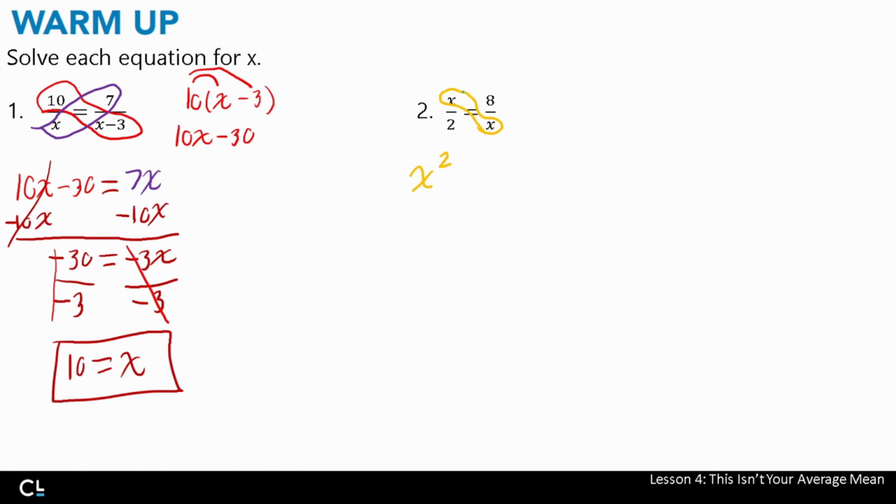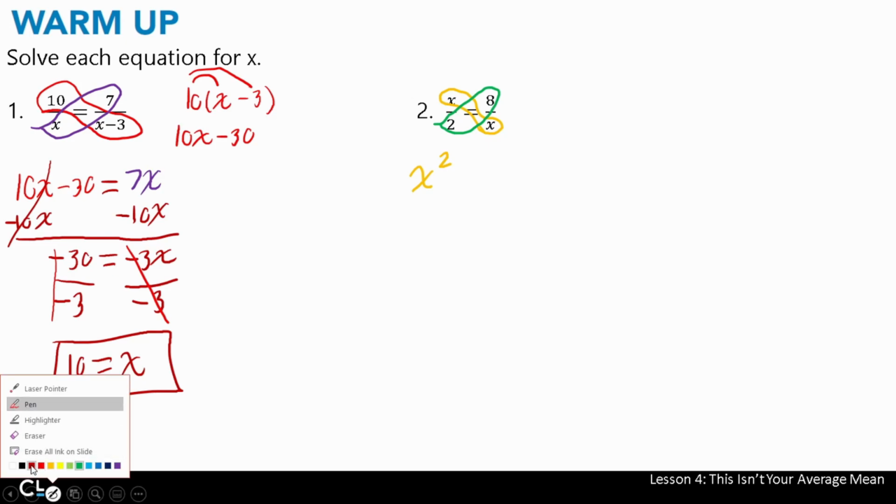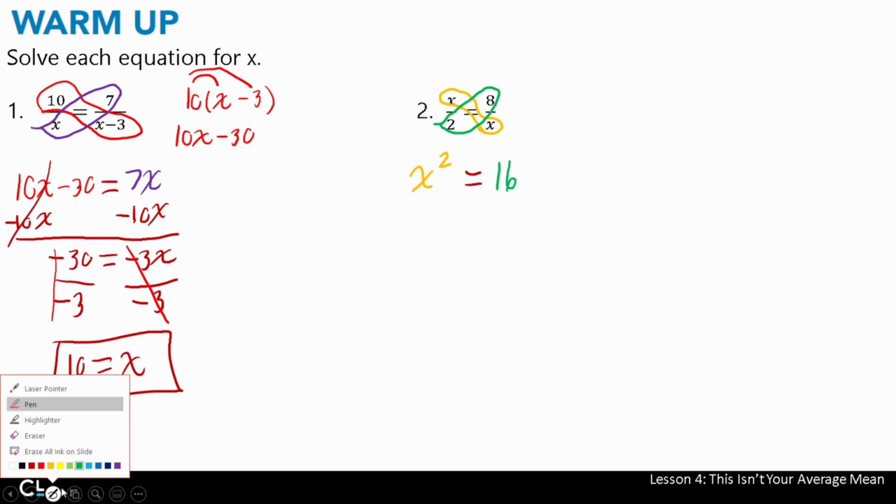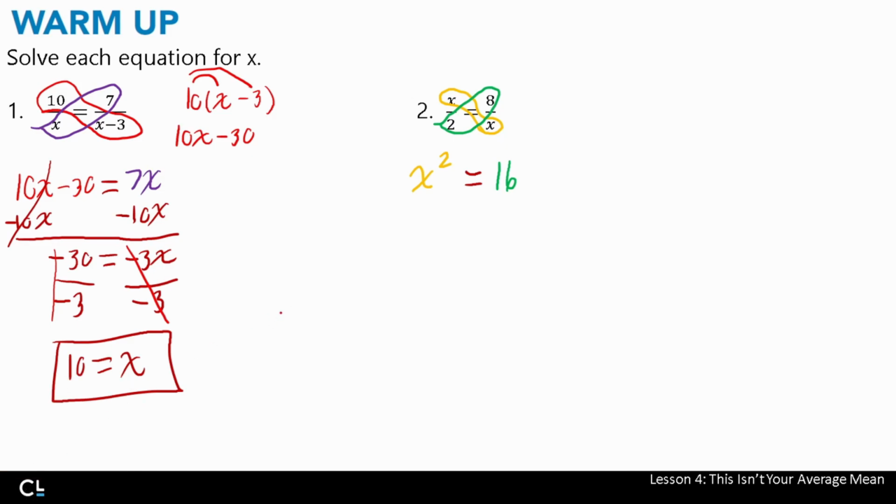And on the other side, we do 2 times 8, and that's going to give me 16. So then how do we get rid of this square is what we have to ask ourselves. Well, the opposite of squaring something is taking the square root.